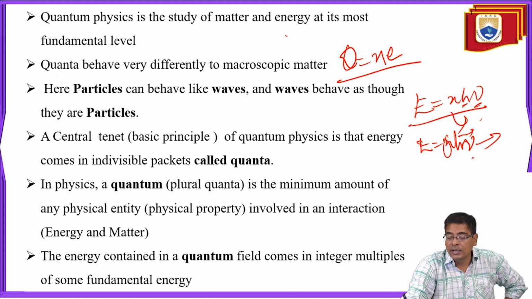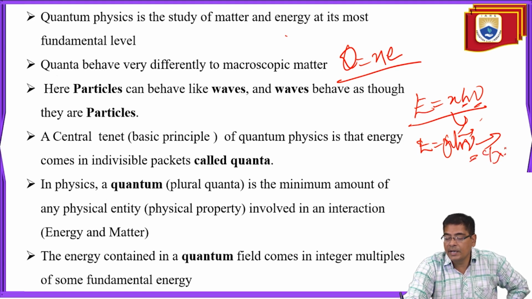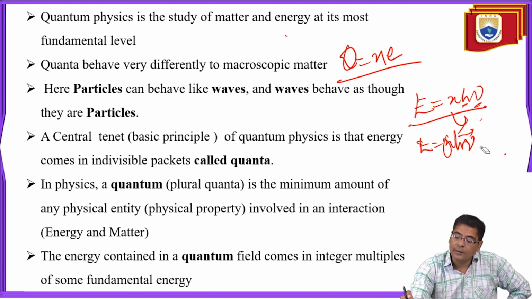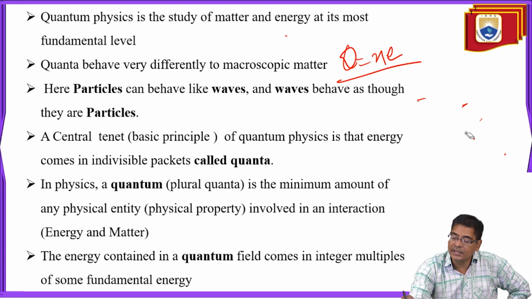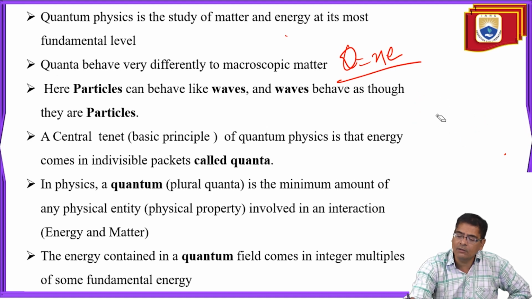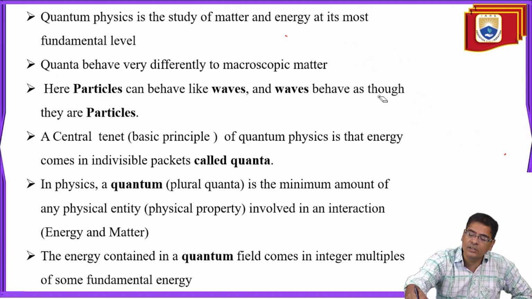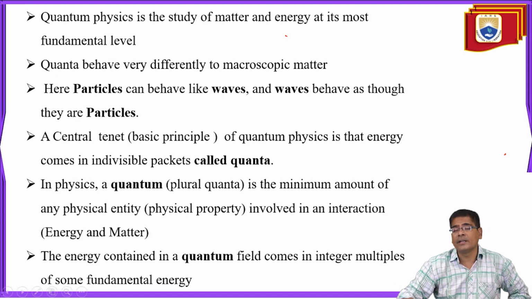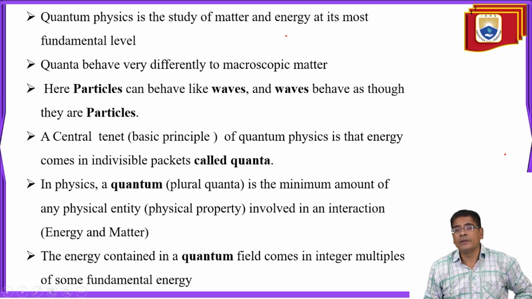This nu is further written as nu equals c by lambda, where c is the velocity of light and lambda is the wavelength of the radiation. That is how the energy is quantized. This energy quantization follows from the charge, as we studied in the previous slide.